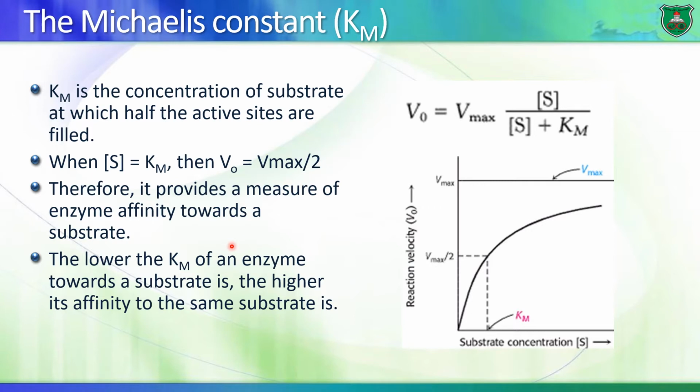It's not an accurate measure, rather it gives us a sense for the affinity of an enzyme towards a substrate. So the lower the Km, the higher the affinity. That is, a low Km indicates that you need little substrate to fill 50% of the active sites. Now, if you need a high Km value, if you need high substrate concentration to fill 50% of the active sites, it means that the affinity is very low.